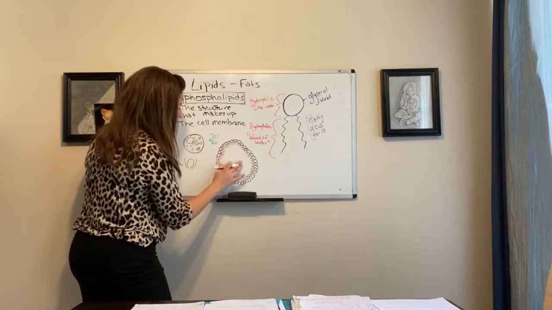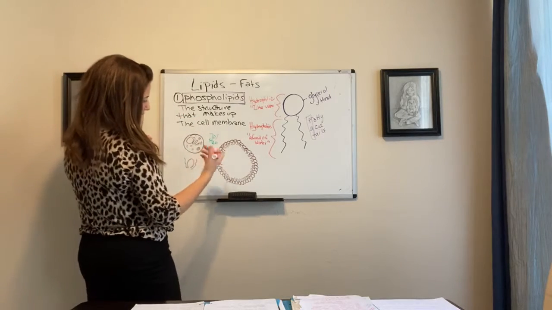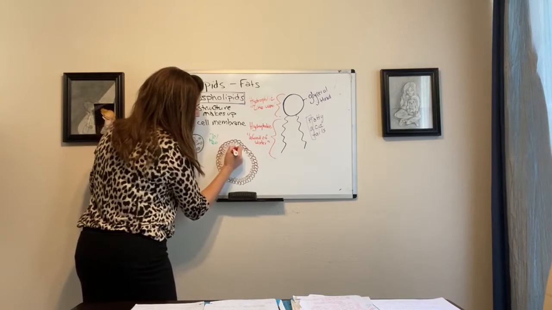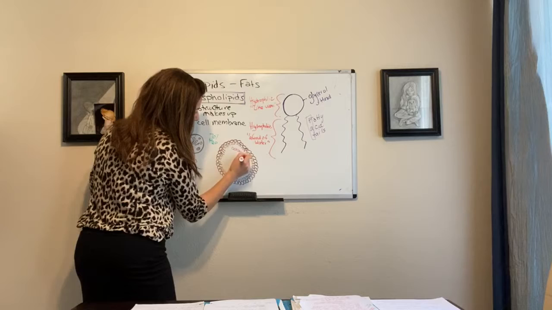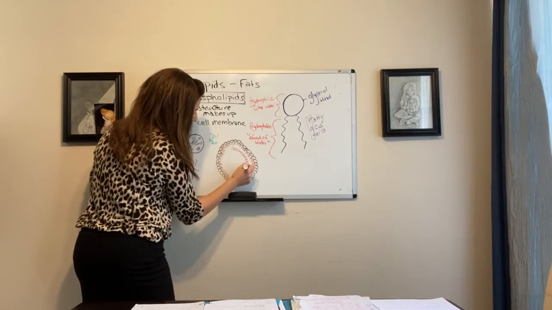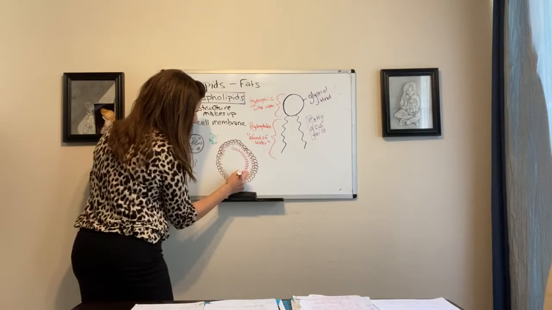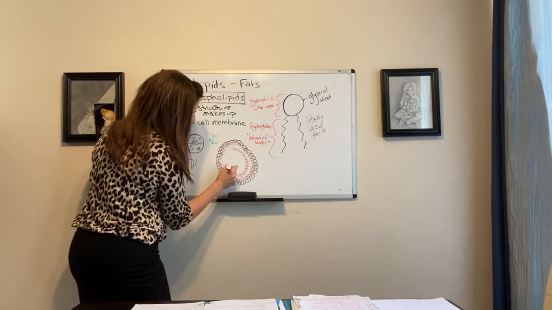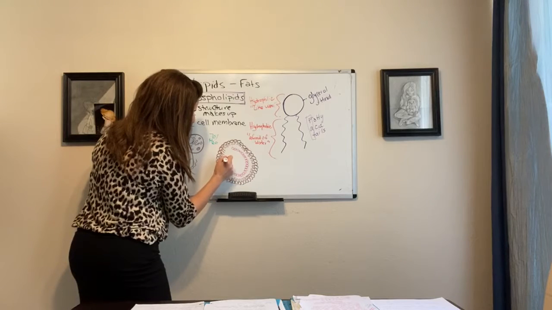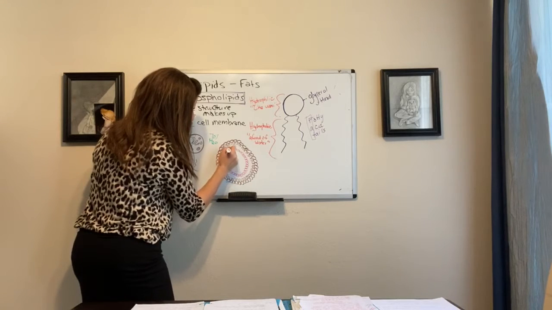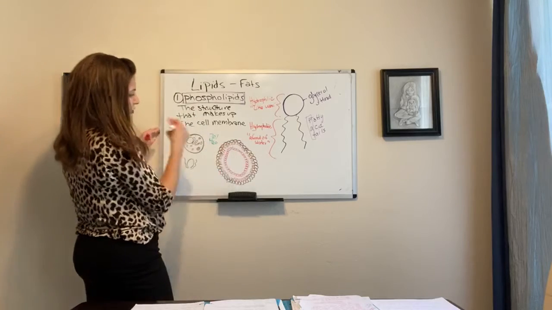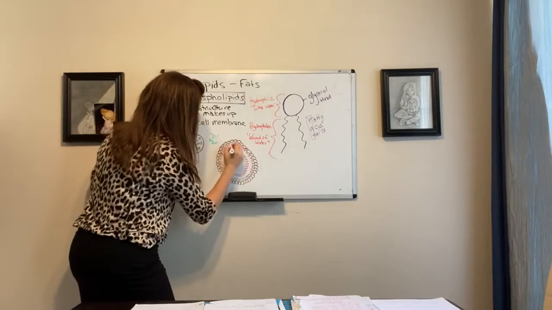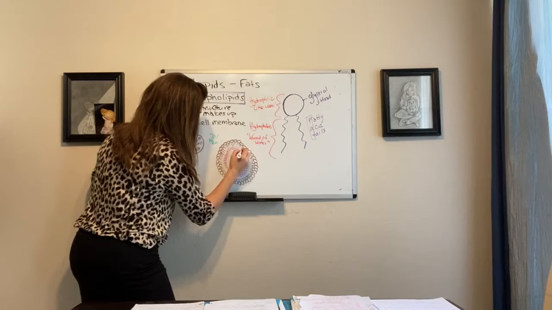When the cell membrane structure is created, I'm going to draw another layer of circles around. I'm not going to do this exactly, but figure it's pretty much around. And these are also going to have their fatty acid tails.